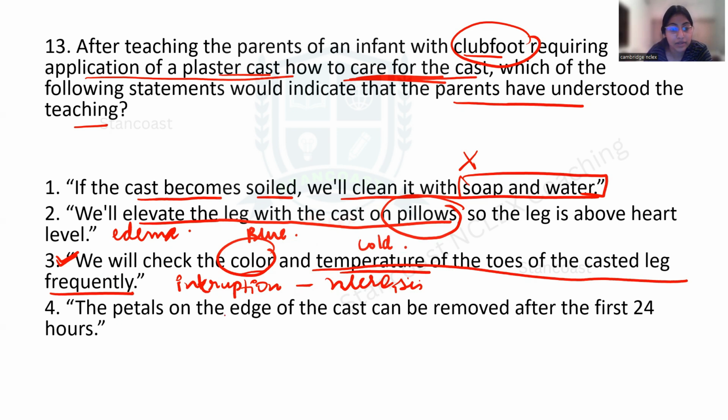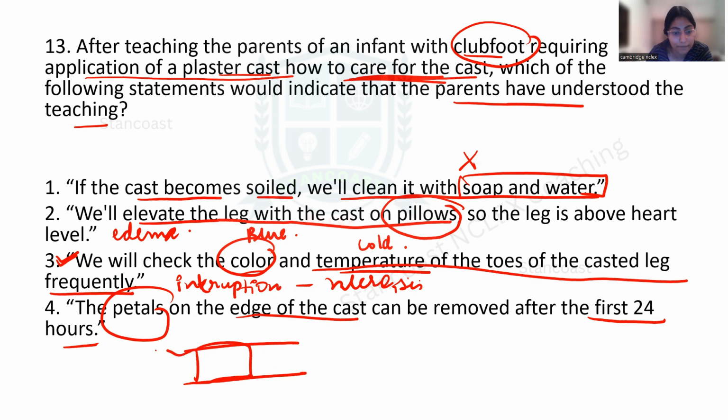Option 4 says the petals on the edge of the cast can be removed after the first 24 hours. Now, what are the petals? When a cast is applied on the leg, let's assume that this is the leg of the baby and this is the cast applied. At the edge of the cast, there are some bandages applied, and this is done to prevent skin damage.